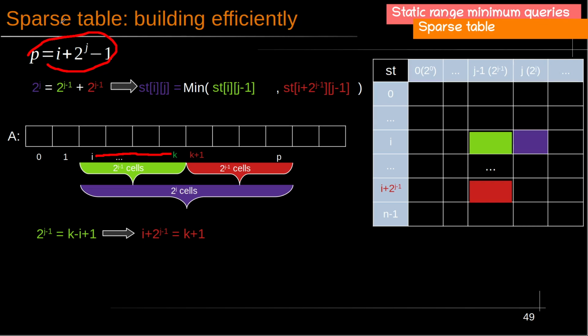This formula came from this one, and from this one we can explain this formula using this schema here, and we can compute the row of the next cell.